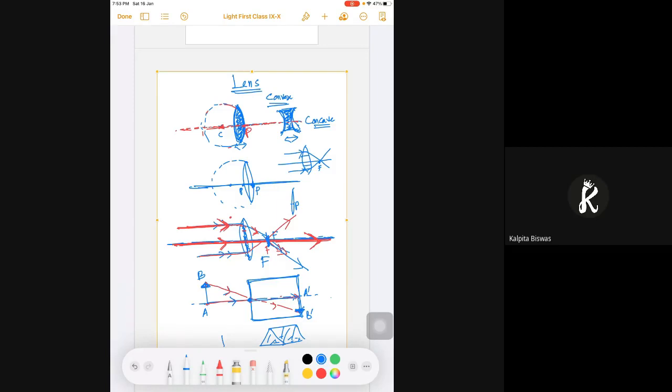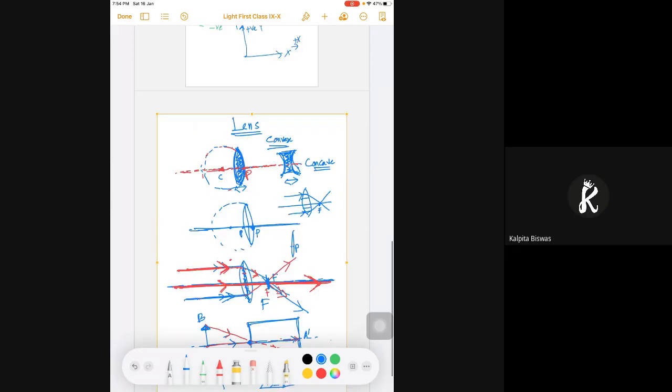In the same way, if you put a light ray again parallel to the axis but on the opposite side, due to refraction from rarer to denser medium and denser to rarer medium, it will bend towards the bottom of that triangular shape we have seen here.